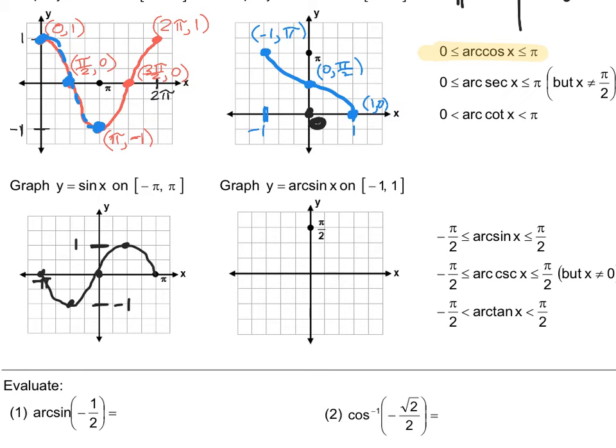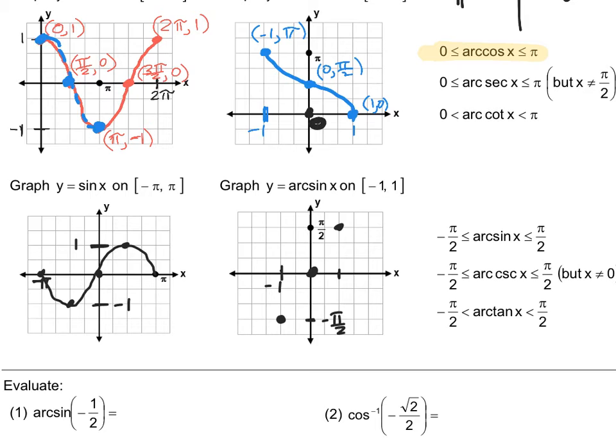So I would need negative 1 comma negative pi over 2. Zero, 0, that's easy enough. Still going to be 0, 0. Pi over 2 comma 1 becomes 1 comma pi over 2. Then I could do again pi comma 0, which becomes 0, pi, but again, that's going to be off the grid.